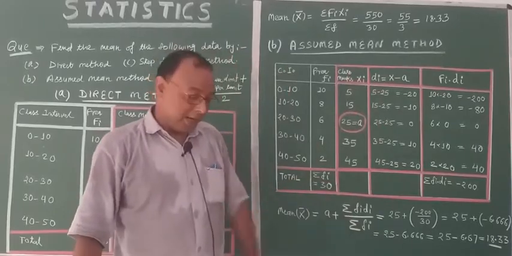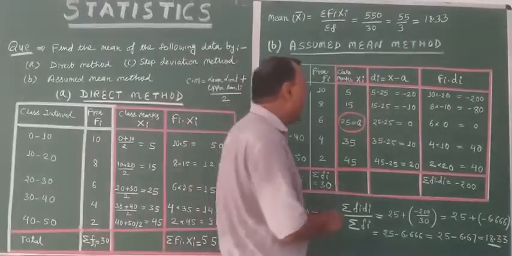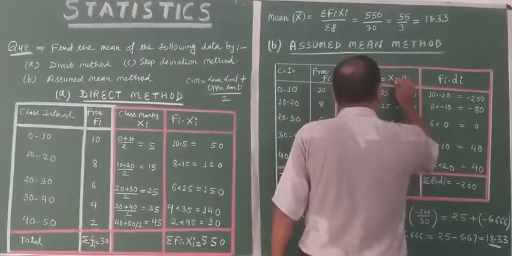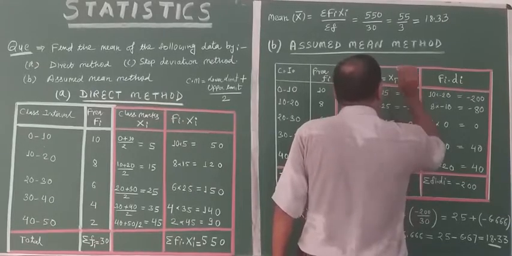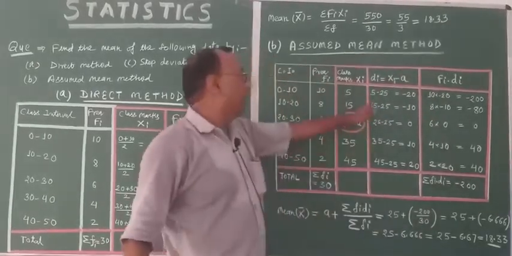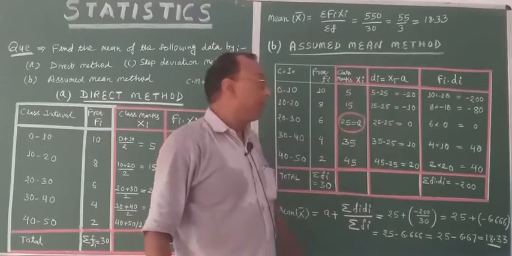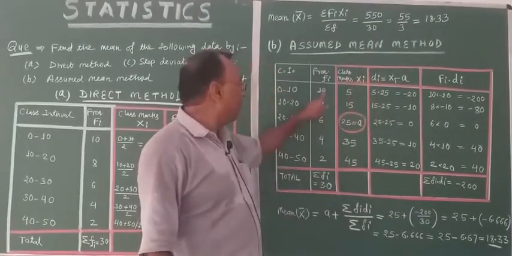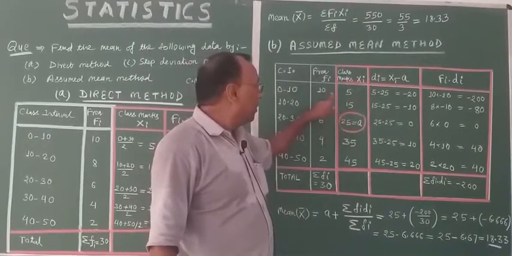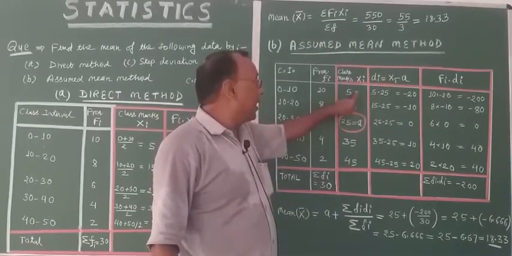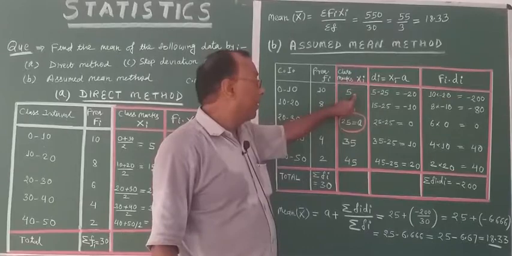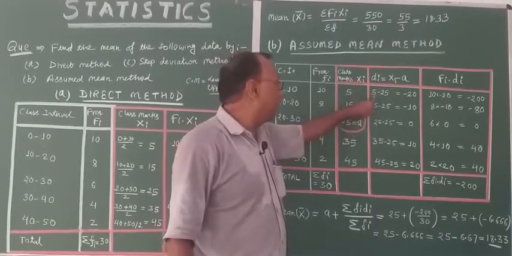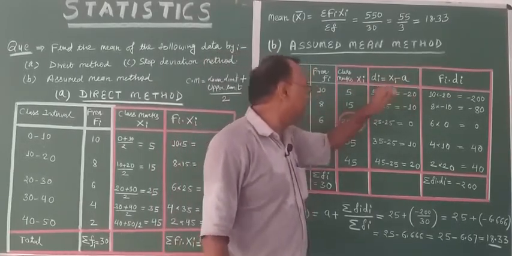What is this di? di is xi minus a. What is di? xi minus a. 5 is the xi and a is 25. 5 minus 25 is minus 20.